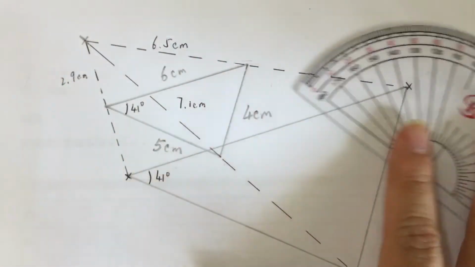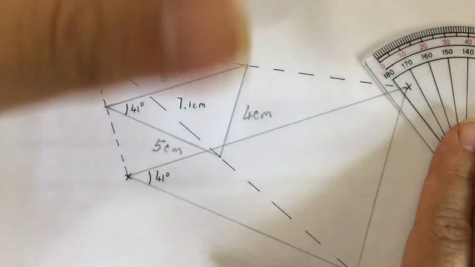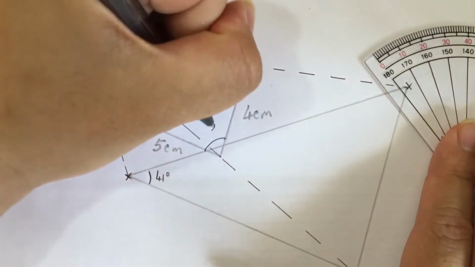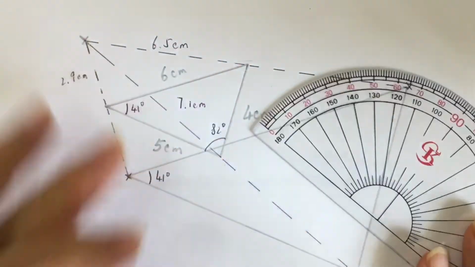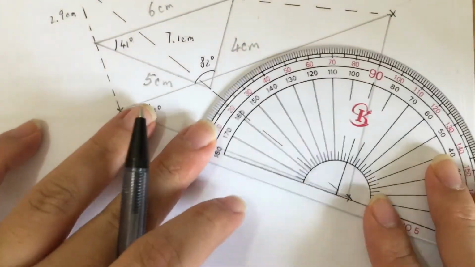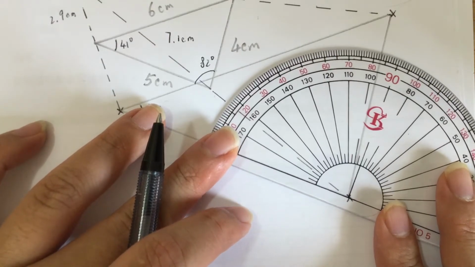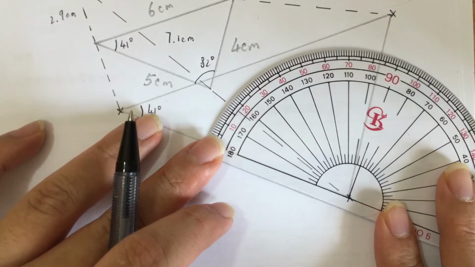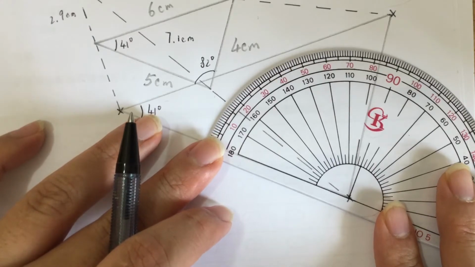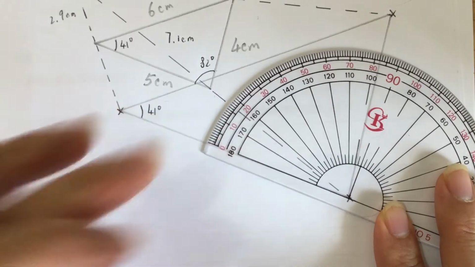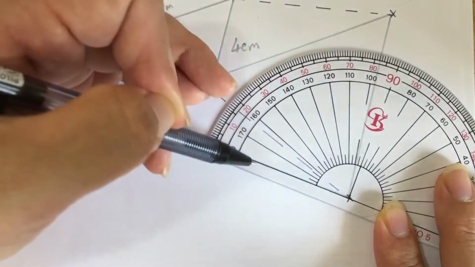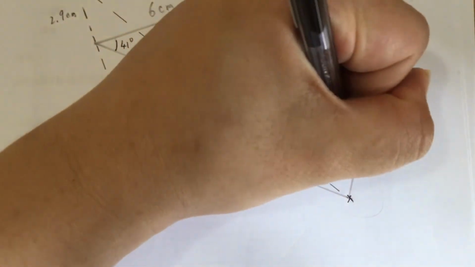So we can choose this one as 82 degrees. After we measure this angle, you will see this is a little bit close to 82 degrees once again. Okay, this is 82.